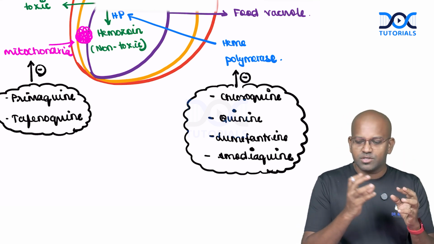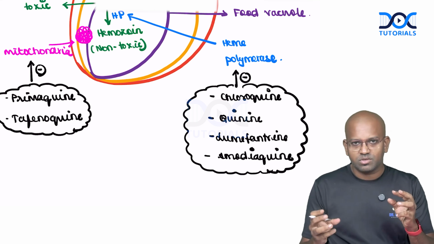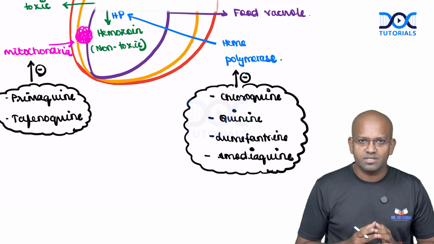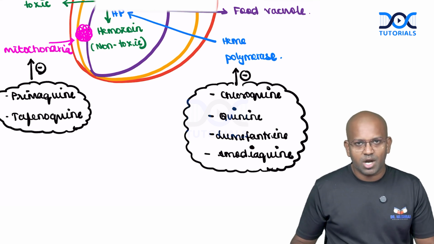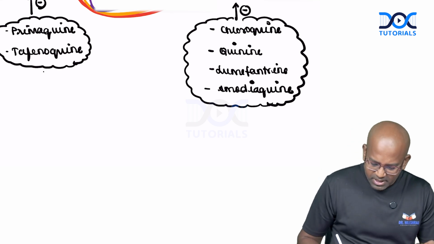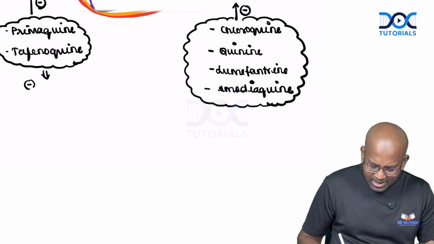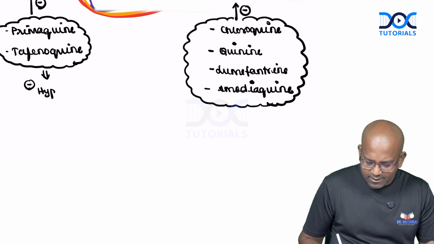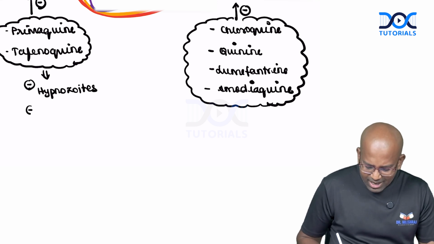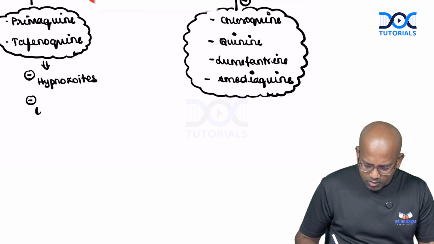Which means for synthesis of hypnozoites and gametocytes, we need more ATP synthesis. Well, that is getting inhibited by Primaquine and Tafenoquine, which means simply these drugs will be breaking down the hypnozoites and the gametocytes.